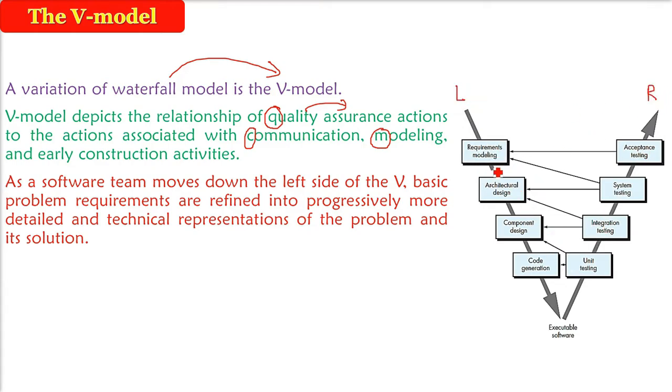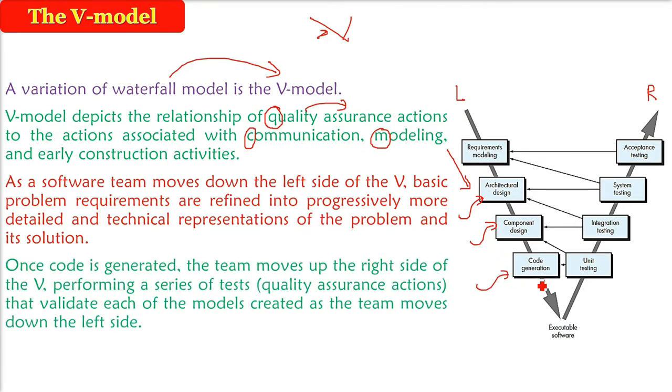As the software team moves down the left side of the V, first of all the problem will be understood, the requirement will be refined, and then the different technical representations of the problem will be done for the solution. There is requirement modeling, then the architectural design, modeling you can say. Then you make the component design, and finally once this is made, you know the design now, you can just code it. Okay, so this is while you're coming down.